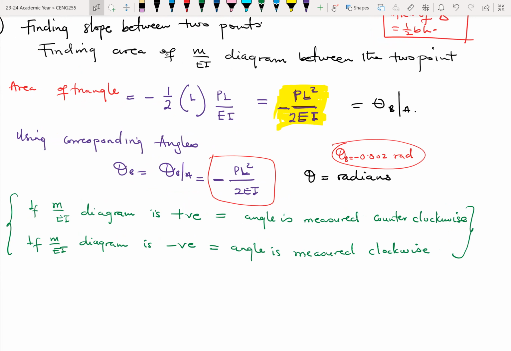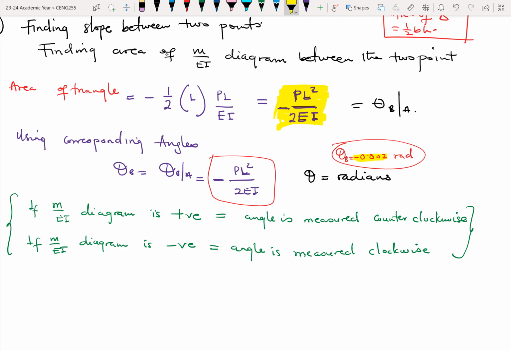So if you have these parameters, you only have to put them into the minus PL squared over 2EI equation, and then you find a value. In this case it can be minus 0.002. And whatever answer you find is in radians.